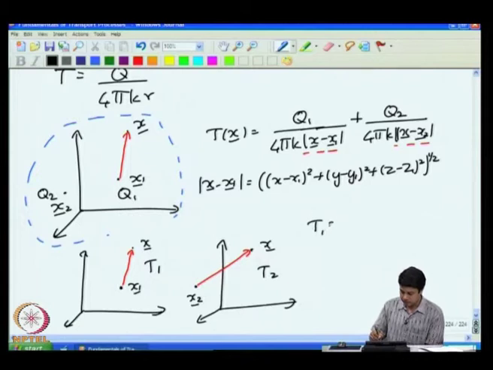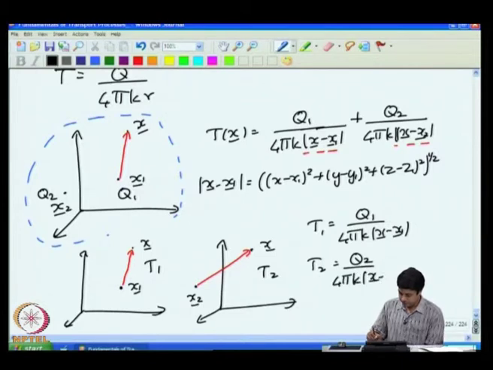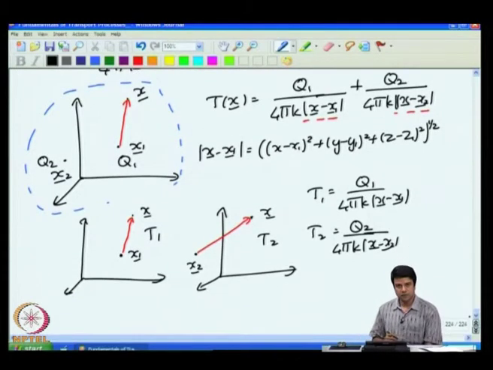T1 in the first problem is going to be equal to q1 by 4 pi k into x minus x1. And I just add up the two. The differential equations are the same for both. Del square T1 is equal to 0, del square T2 is equal to 0.